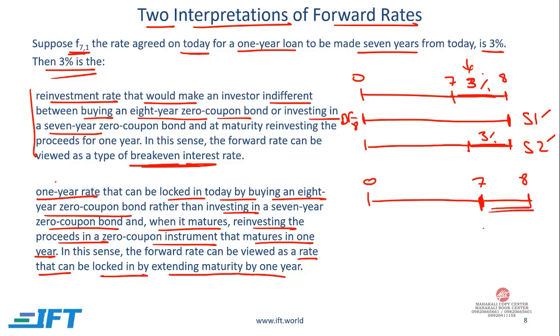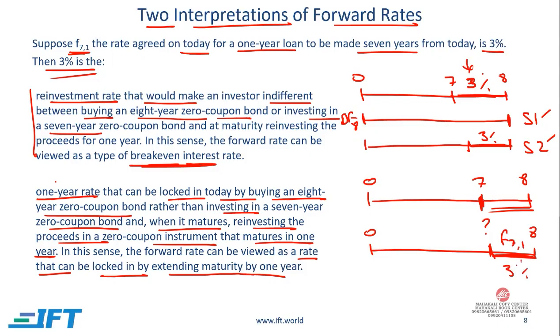But the issue here is that the investor doesn't know what rate will be available at the end of 7 years. So instead, the investor could buy an 8-year zero coupon bond, and by doing so, the investor is locking in the rate for this period. And we are calling that the forward rate F7,1.